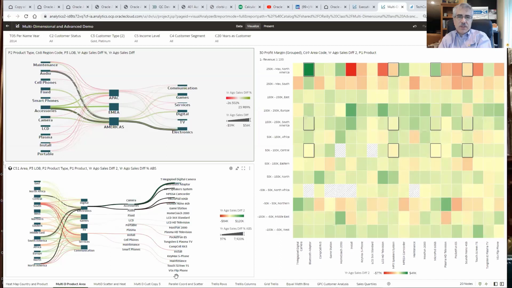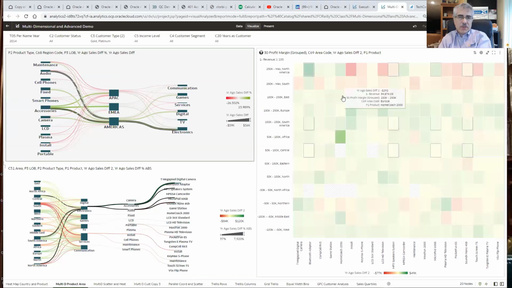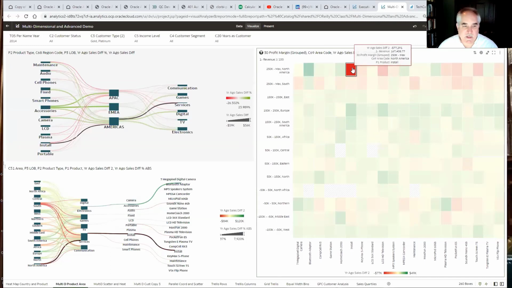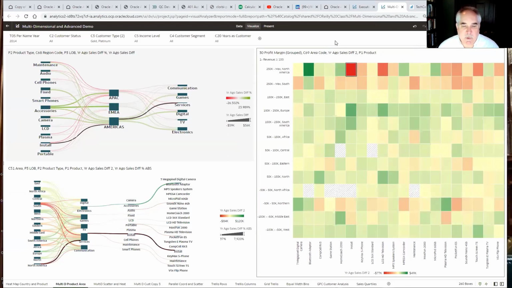Click on the big red one, the red block, to show where that's coming from. On there, and you can see where that's coming from. You can say, oh, this is way down in the install product in the Americas, and then you can trace it back to, oh, it's part of services, this kind of thing. Yep, you can go both ways.